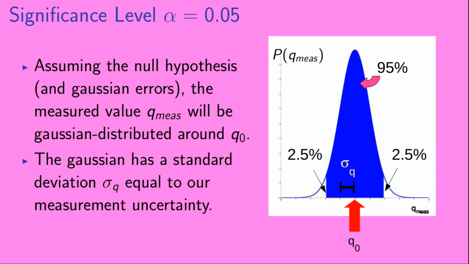Assuming the null hypothesis, and assuming Gaussian errors, the measured value Q measured will be Gaussian distributed around Q0. The Gaussian has a standard deviation sigma q equal to our measurement uncertainty.